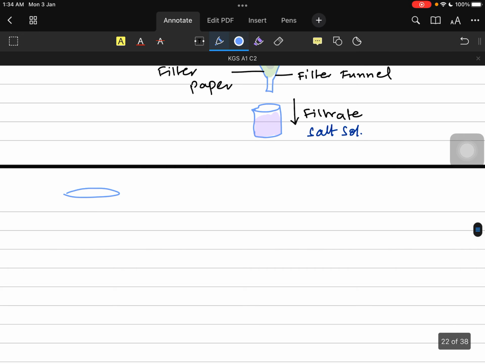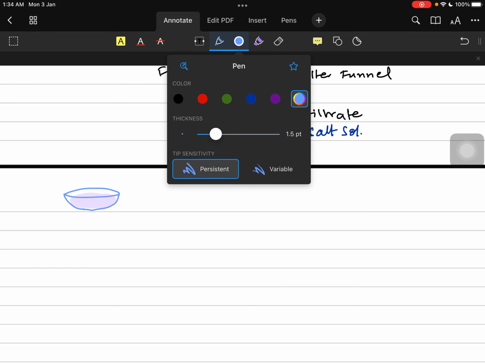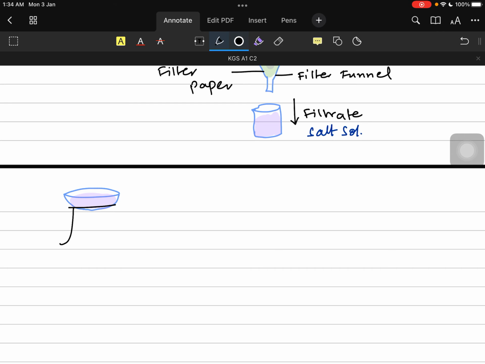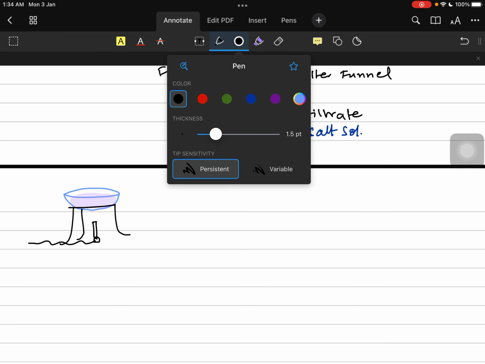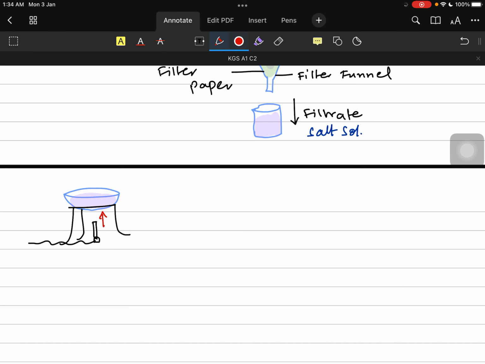So in the last step, or perhaps the second last step, you heat your salt solution. This is your salt solution. You put it on a tripod stand. You have a Bunsen burner. This is your china dish. You're going to supply heat.